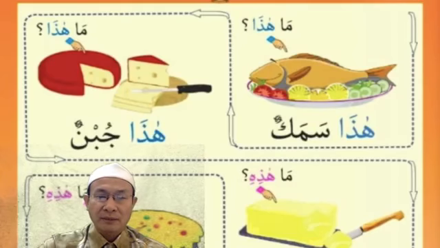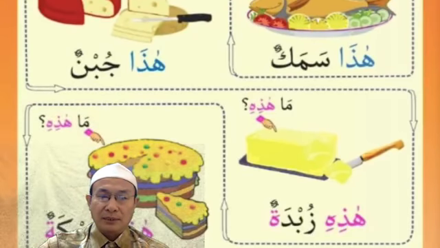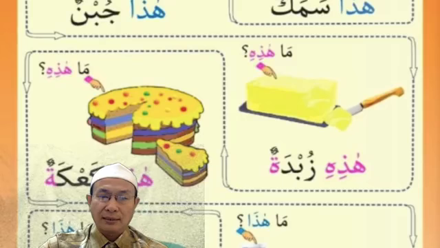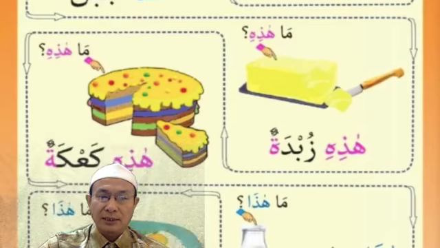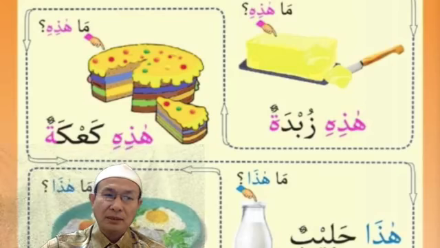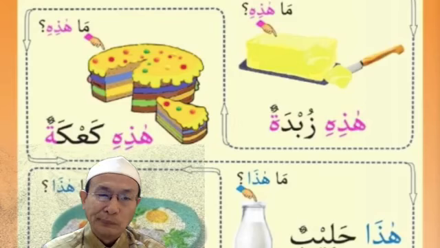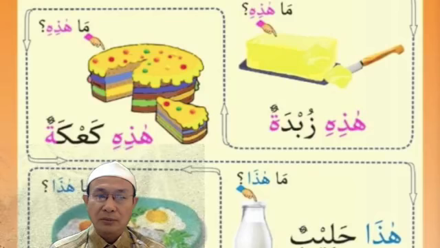Okay? Alright, let's move on to the next one. Please look at the picture on your right side. What do you see? You see butter. Butter, what is it called in Arabic?